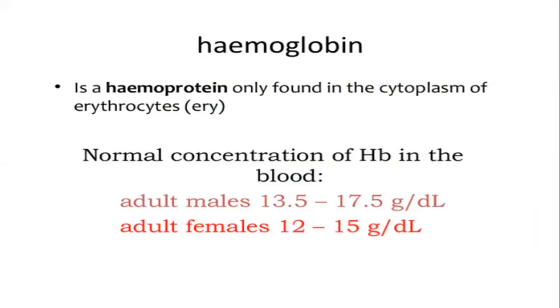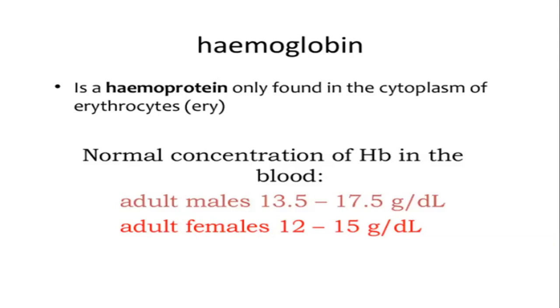This hemoprotein is found in the cytoplasm of a red cell. So if you are to look for hemoglobin in a cell, you would find that hemoglobin is only found in the red cell. And there are various quantities within which bodies can operate in terms of levels of hemoglobin.